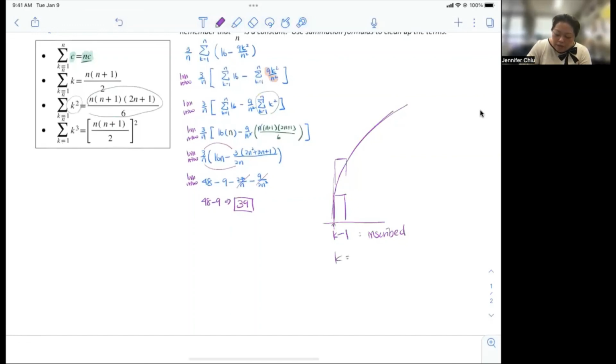So k is circumscribed. If your graph is decreasing, then k minus 1 is circumscribed, and k is inscribed. I still did not spell circumscribed right here, sorry. Circumscribed.